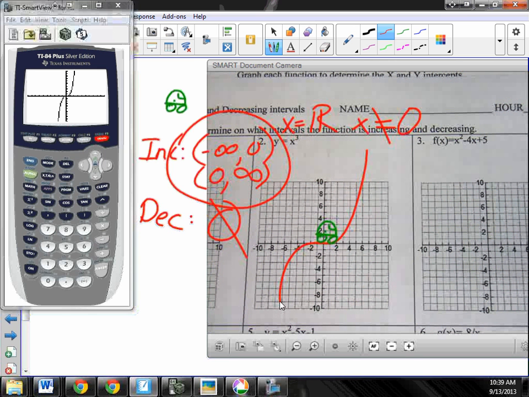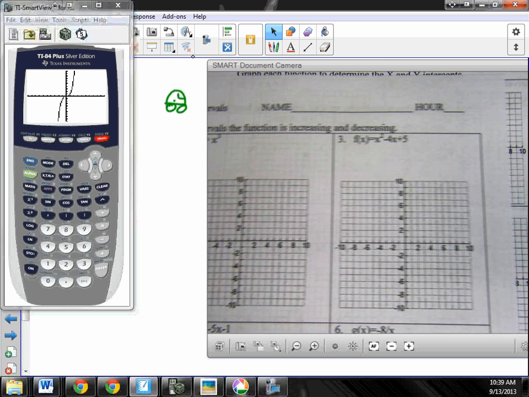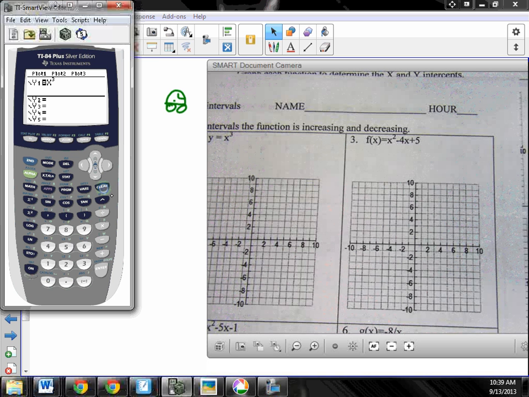Let's look at the next graph. X squared minus 4x plus 5. Does this one have increase and decrease? It does.